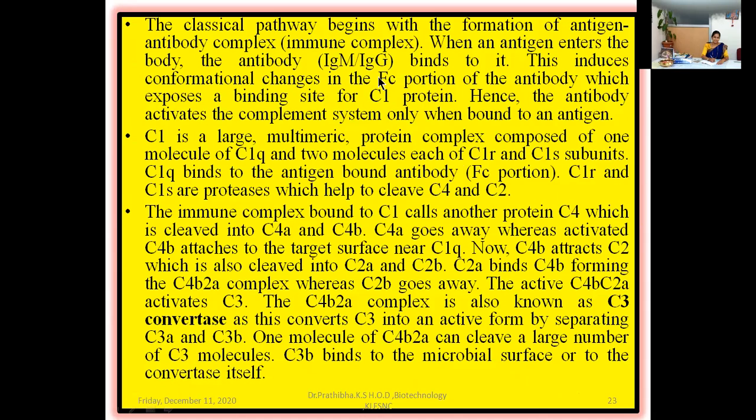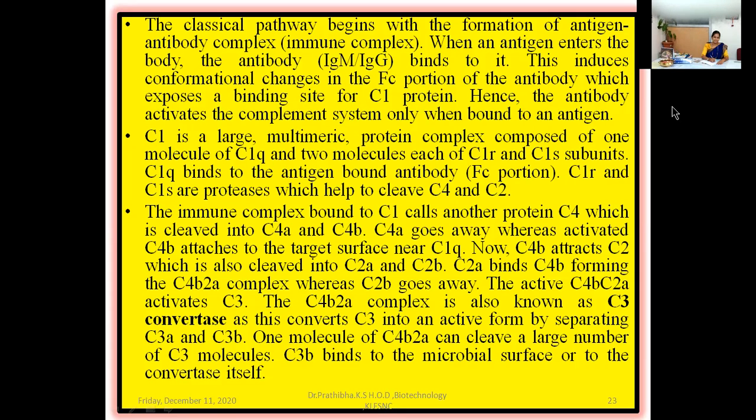Fc stands for fragment crystallizable, the bottom region of the antibody, which exposes a binding site for C1 protein. Hence, the antibody activates the complement system only when bound to an antigen. C1 is a large multimeric protein complex composed of one molecule of C1q and two molecules each of C1r and C1s subunits. C1q binds to the Fc portion of the antigen-bound antibody.